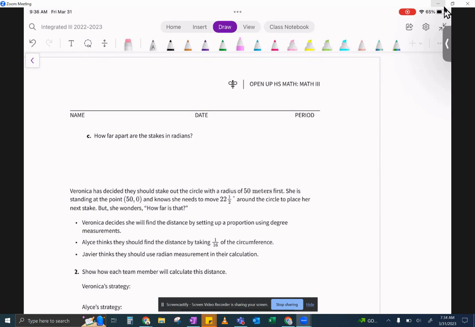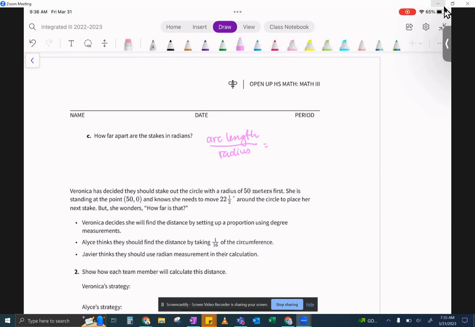Now remember that in order to find things in radians, you're going to use the arc length. So we're going to go arc length divided by your radius. So our arc length in this case is going to be, let's see.